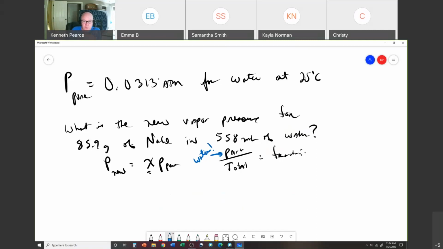And that's easy peasy, because if it's 558 milliliters, then I know that that's 558 grams H2O. I do know that the molar mass of water is 18.0 grams. And we'll go ahead and put that in. That's a lot of water, so it's going to be quite a few moles.